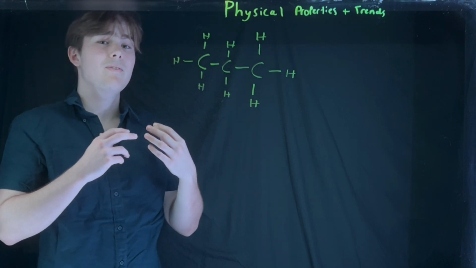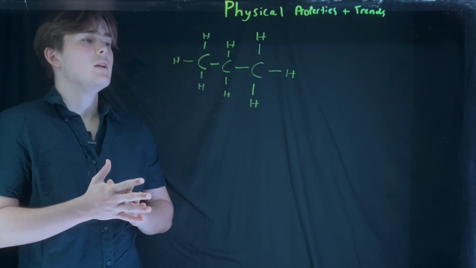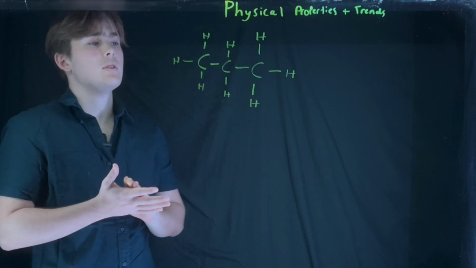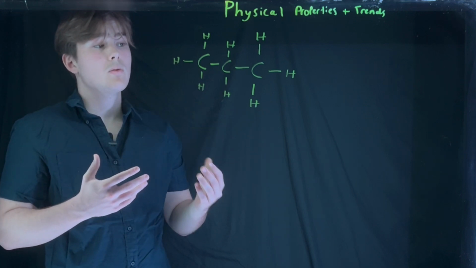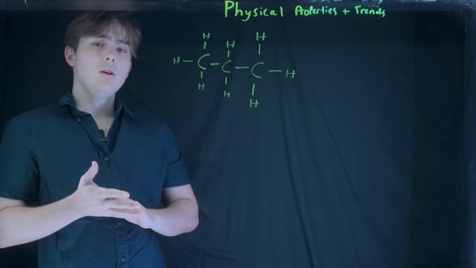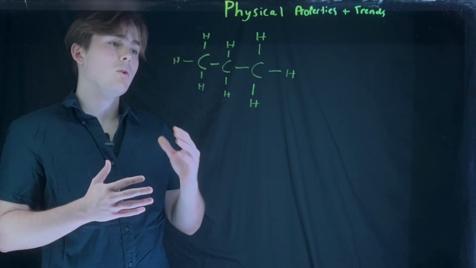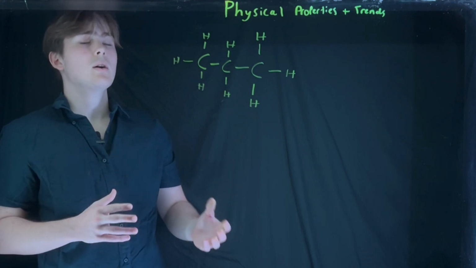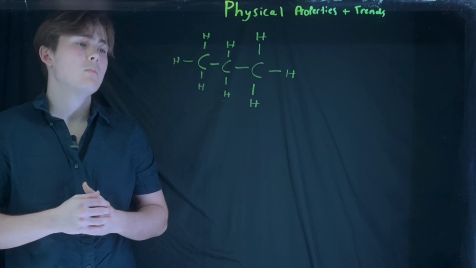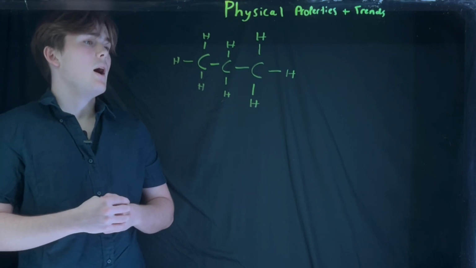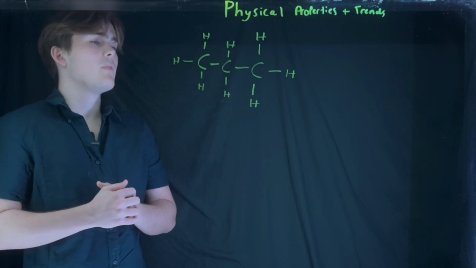This is very limited, it obviously doesn't happen all the time. But if you have enough atoms and enough electrons in the molecule, then those temporary dipoles will happen more often. So dispersion forces increase when you have a longer carbon chain or a bigger organic molecule. It also influences other things such as melting point, and also solubility as well.